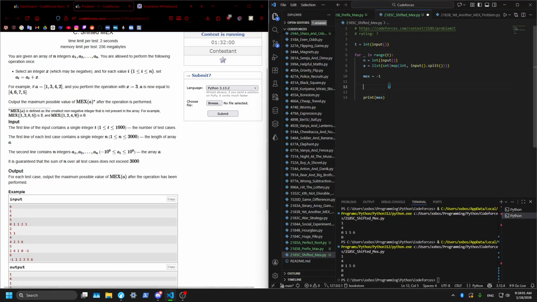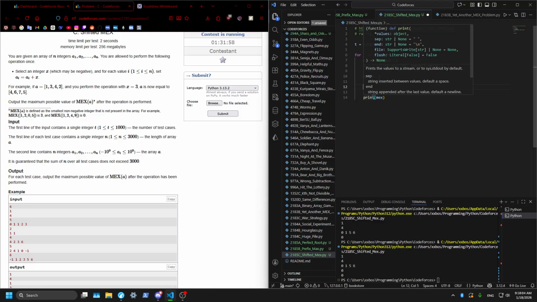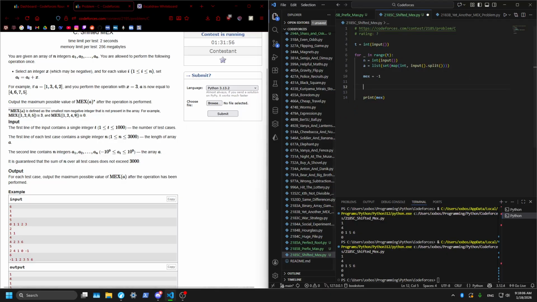So, we are in a predicament. Okay, well, we can find the mexes with like a while loop later, but then we need to do the shifting first.